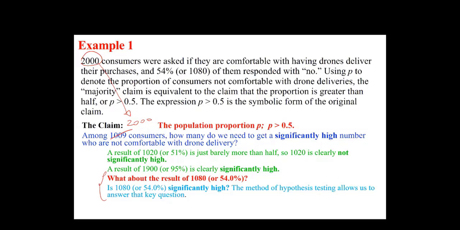It's close to 50%. And again, because P is larger than 0.5, we are interested in larger, so we don't discuss something below that. If it's below 1,000, it's less than 50%. So the first case and the second case are obvious cases. And that's the idea behind the test of hypothesis. What if it's not obvious? That's what we really do the testing for.